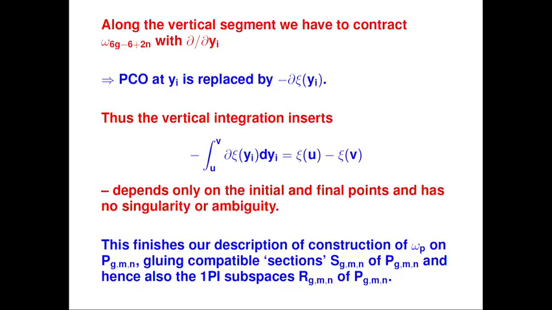So, now we can carry out the integration over the yi variable, minus del xi of yi dyi, and the yi now is to be integrated from u to v. So, u and v are basically the two endpoints here. This is our u and this is our v, and then you will integrate over this circular direction.